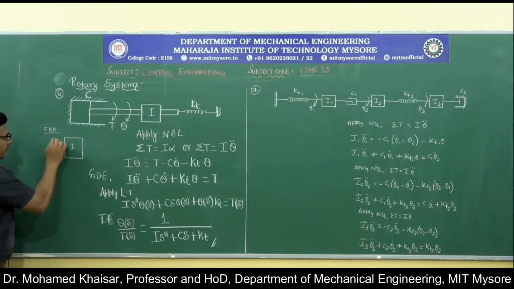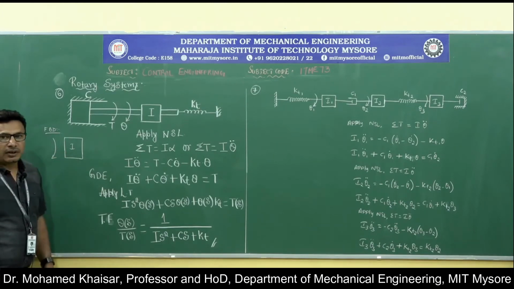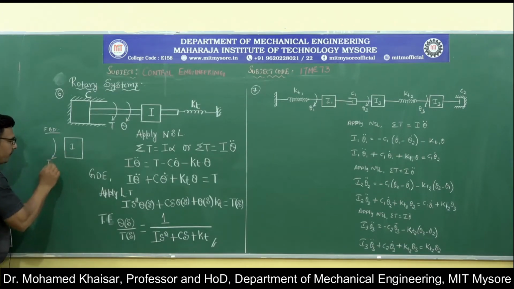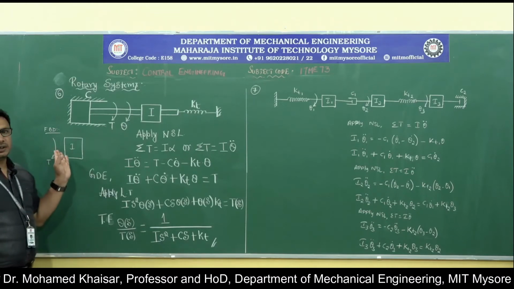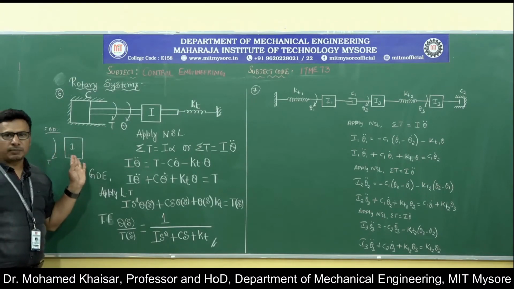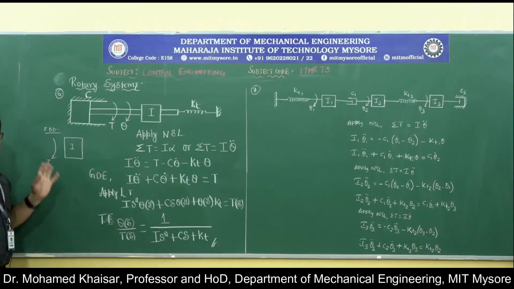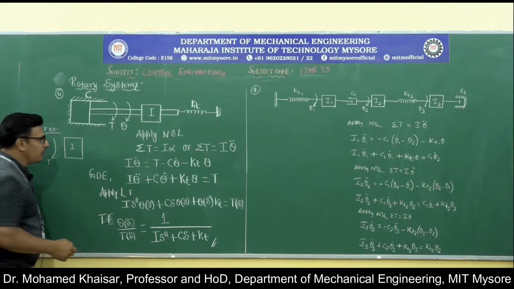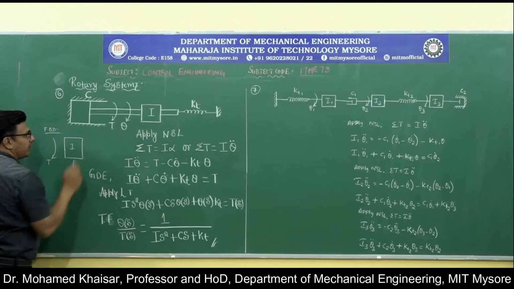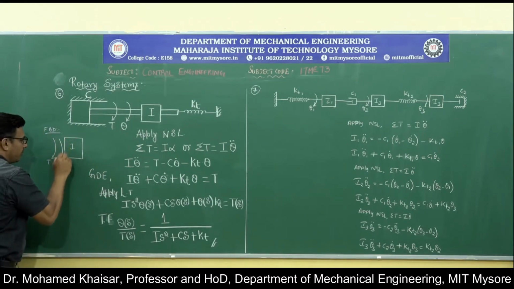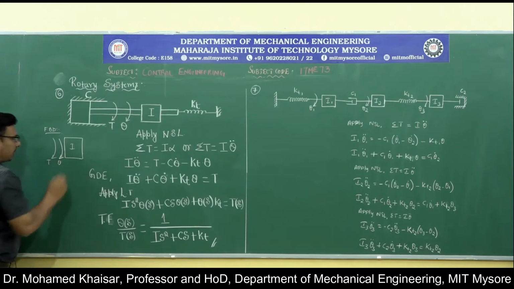It is disturbed by the torque T. On whichever side the disturbing forces and components are present, on those sides only we have to write the resisting forces as well. The disturbing component is torque T. What disturbance is it causing? It is causing the inertia I to be rotated by an angle theta.